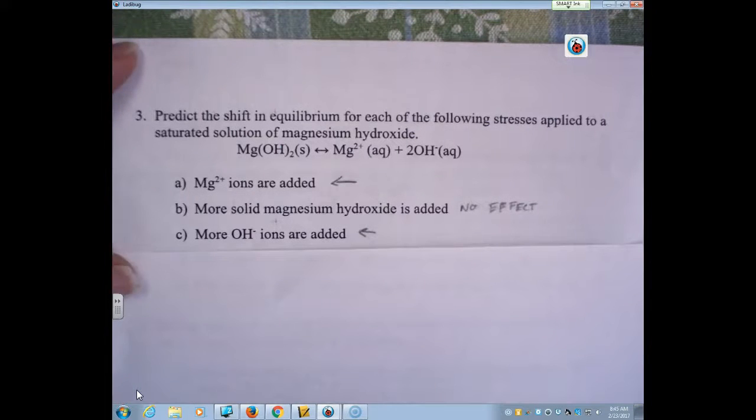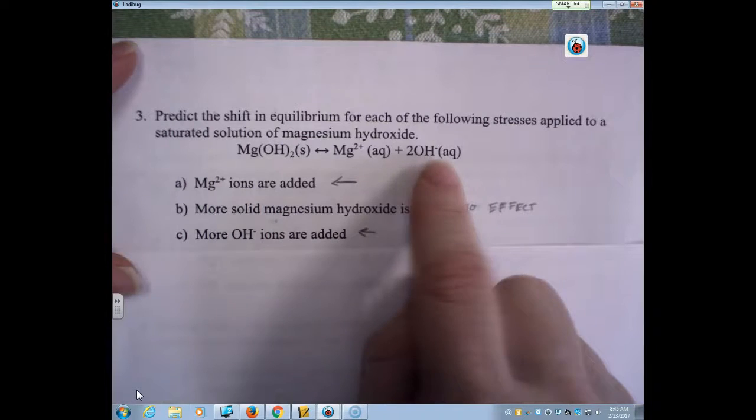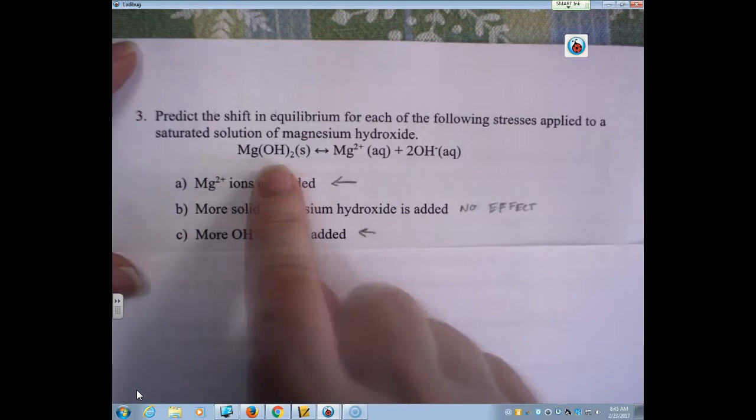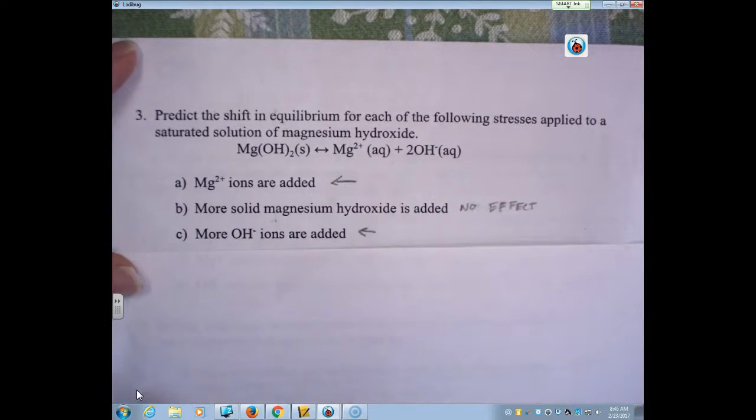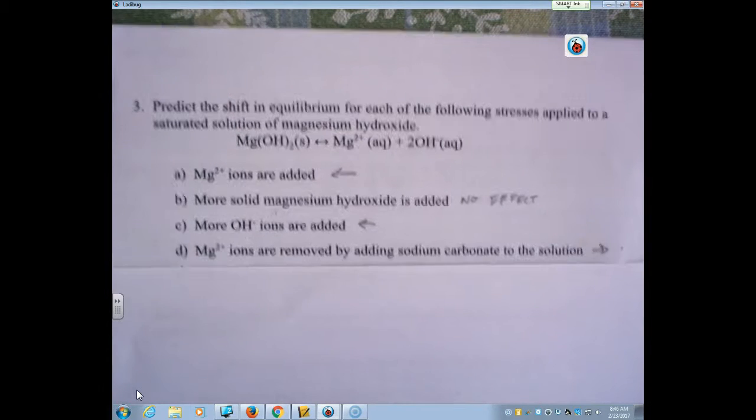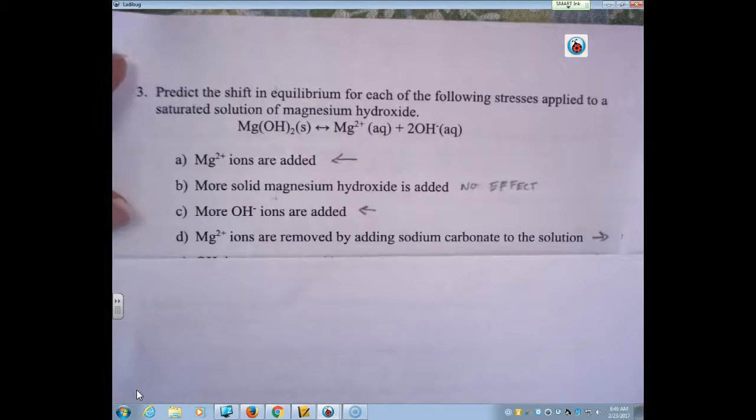If I add more hydroxide ions, so add some base to this, it's going to force the reaction in the reverse way, and we'll end up with more of that magnesium hydroxide. If we remove some magnesium ions by adding sodium carbonate to the solution, remove shifts towards, so we are going to be favoring that forward reaction.